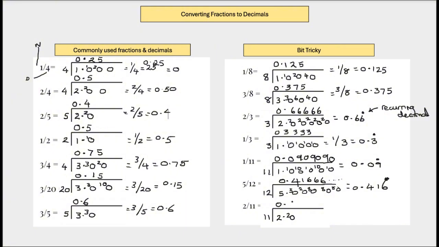So 11 into 20 goes once, carry 9. 11 into 90 goes 8, carry 2. 11 into 20 goes once. Carry 9. And so on and so forth. You're going to end up with a number going on, and on, and on.